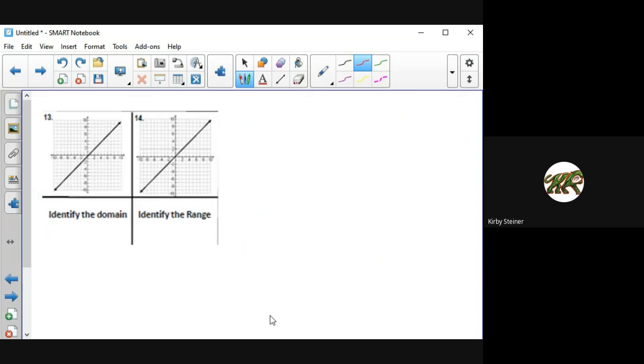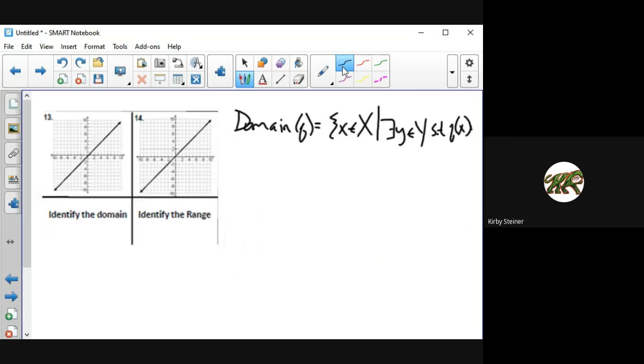The question is, how do we write that in set builder notation? We say the domain of f is equal to the set of x such that there exists a y such that f of x equals y. We already said the domain is going to be all real numbers, so we just have to write this in set builder notation.